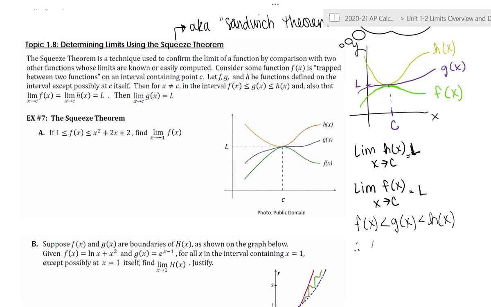Therefore, the limit of g of x as x approaches c is also L.